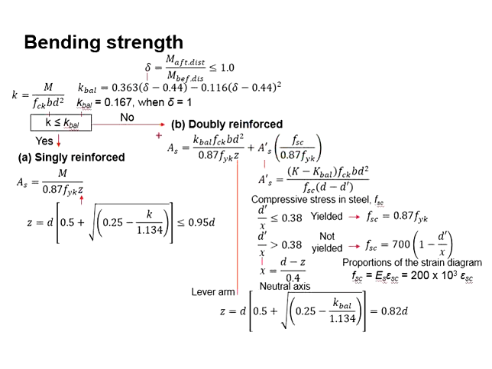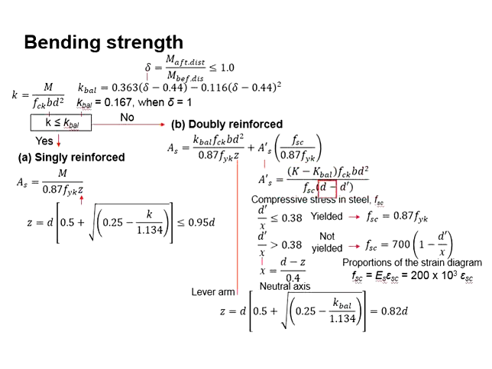In order for you to determine the AS, you will need to first find the AS prime, which is the compression steel bar. Use the K found by the equation here, minus 0.167. Those will be the additional moment that needs to be provided by the compression steel bar. Substitute into the equation.